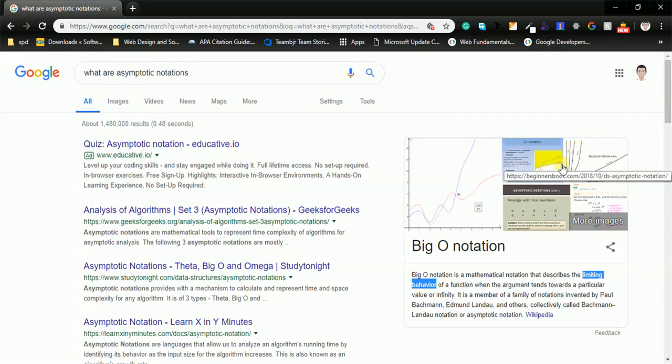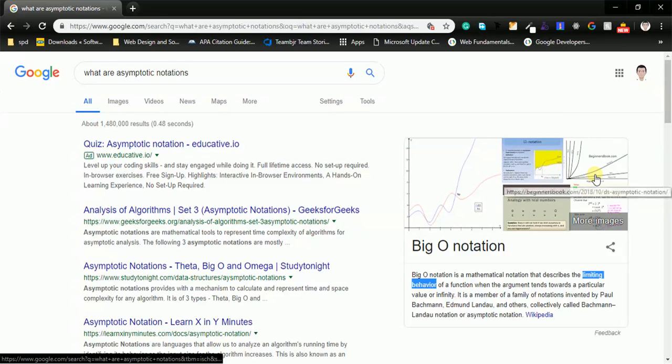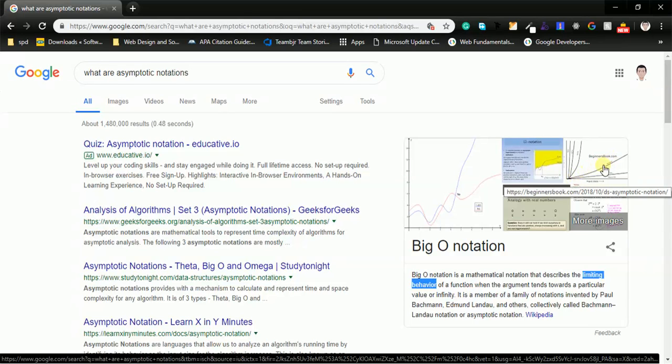If we use this chart right here, let's assume that this is the function or the polynomial we are interested in, to check its rate of growth. It will not be easy for us to estimate exactly its rate of growth, but we can set boundaries. We can assume this to be its upper bound and this to be its lower bound.